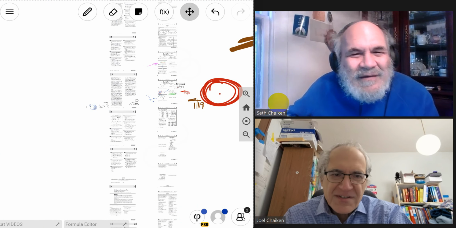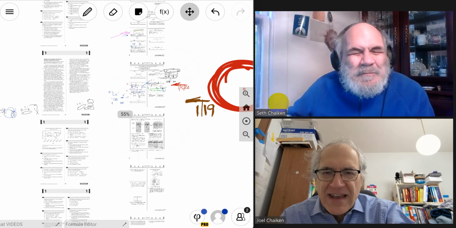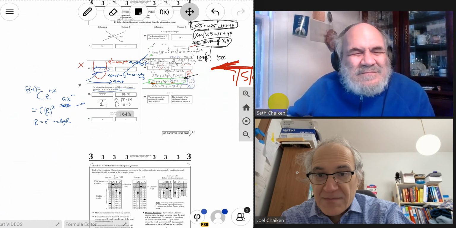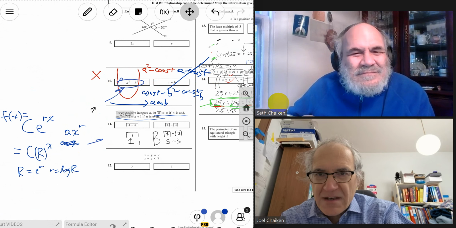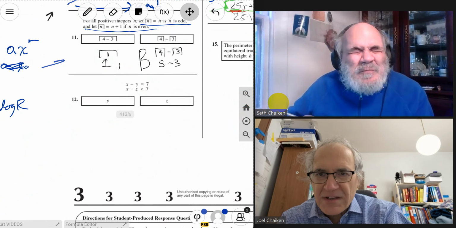These are the problems where you have to choose column A. Say A if column A is bigger. You say B if column B is bigger. And C is if they're the same. And D is cannot be determined.